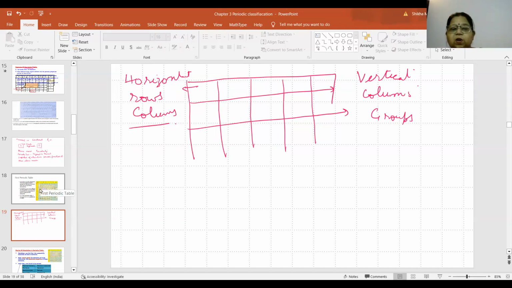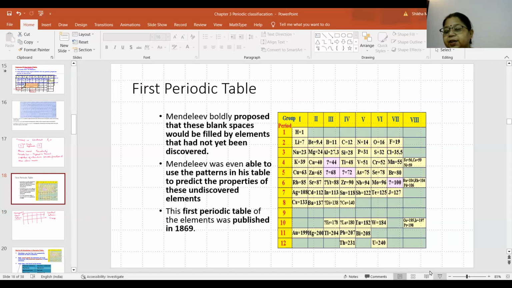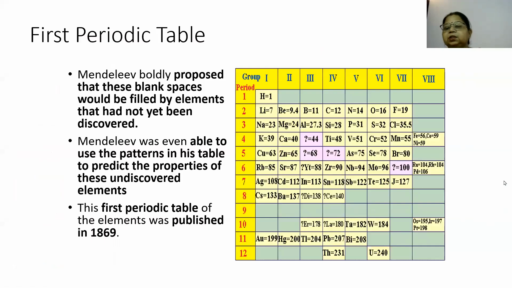So what Mendeleev did was that he arranged all the elements known at that time in the form of this table. And this is called Mendeleev's periodic table, right?